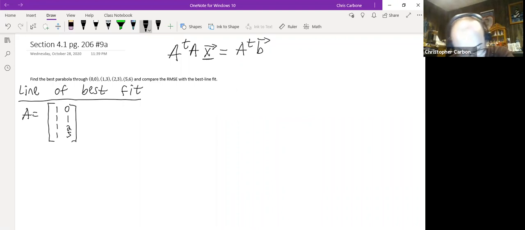So we have our matrix A, and we need the transpose. The transpose of A changes the columns to be rows.